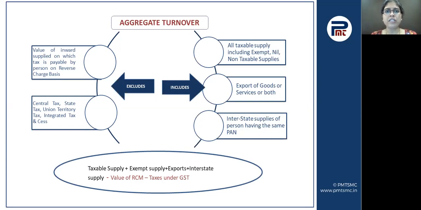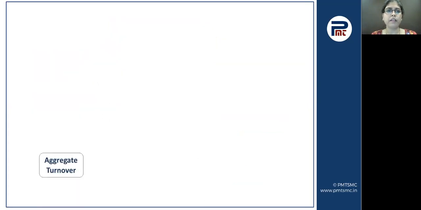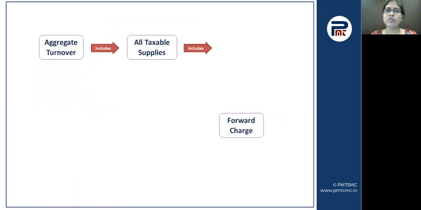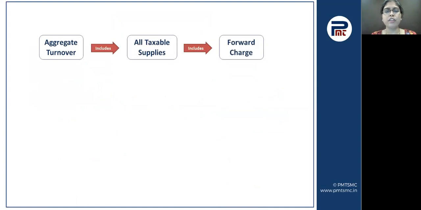Now, for better understanding, let's analyze each of these concepts in detail. Aggregate turnover includes taxable supplies which are covered under forward charge. Now, what do you mean by forward charge? Let us understand quickly with a small example.